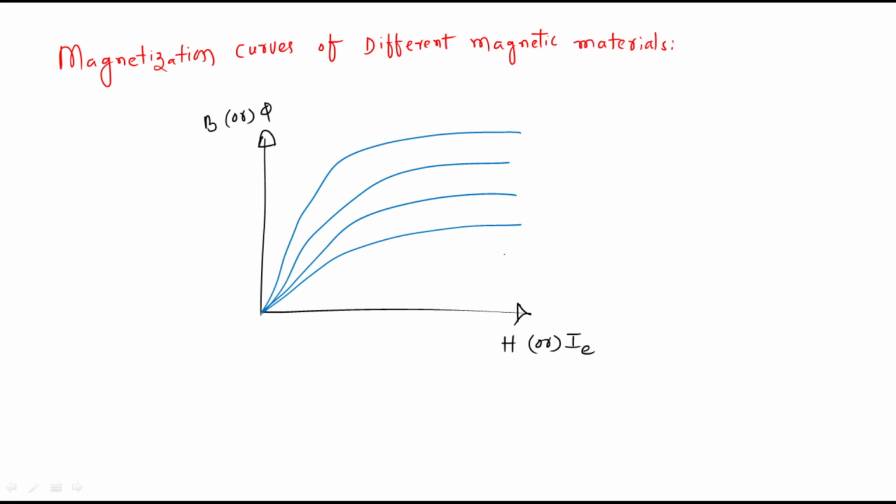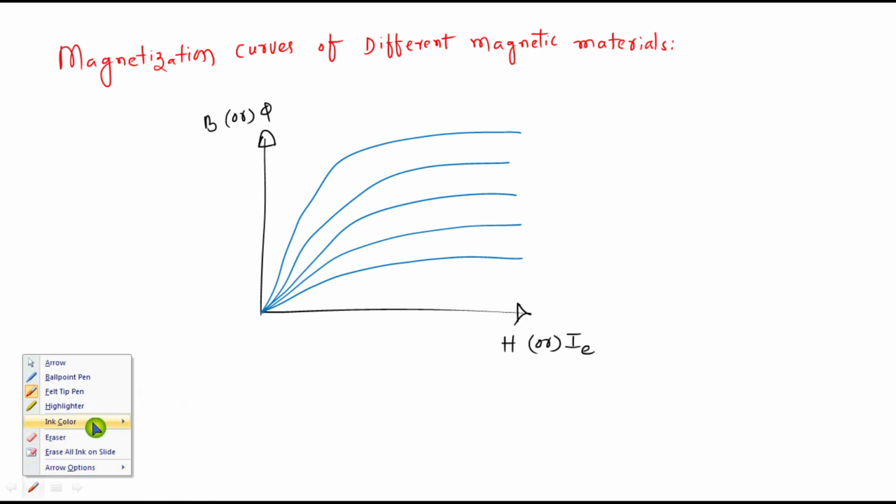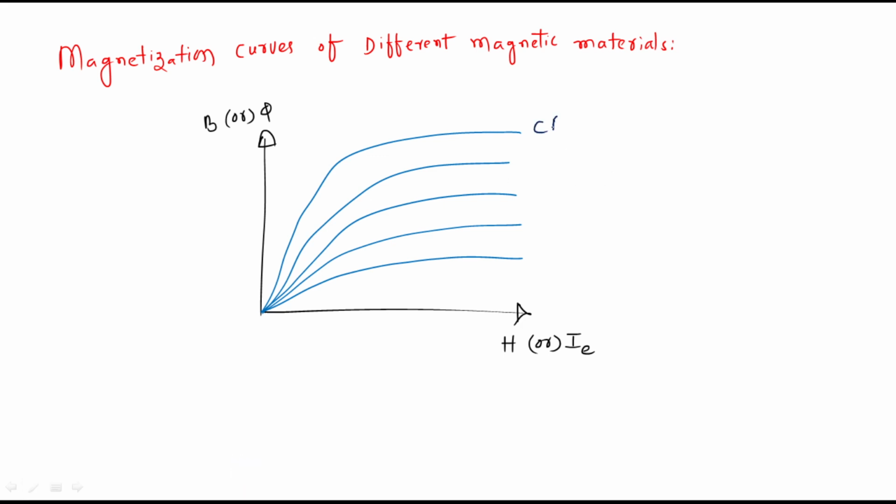These are the different magnetization curves of different magnetic materials based on their permeability. Let us consider the first one. This is for CRGO steel. For CRGO steel we have more flux.